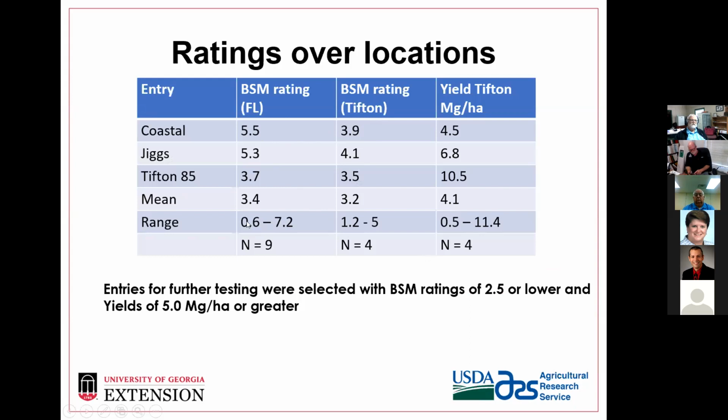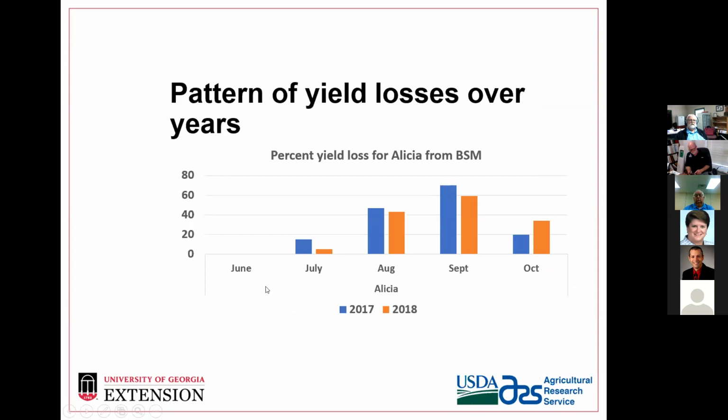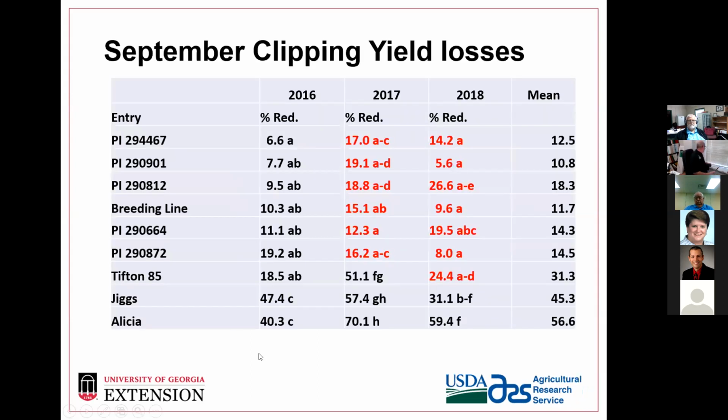And so the range is, at the Florida location, from less than 1 to more than 7, and at Tifton from just over 1 to 5. Again, the pattern of yield loss is after late July, so August and September damage is more frequent than earlier in the season.